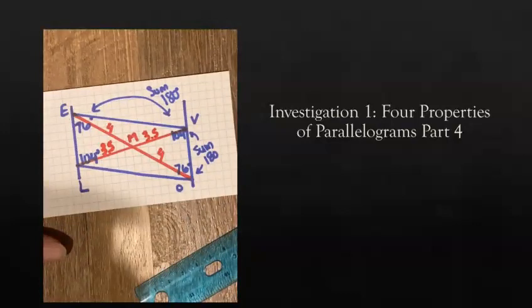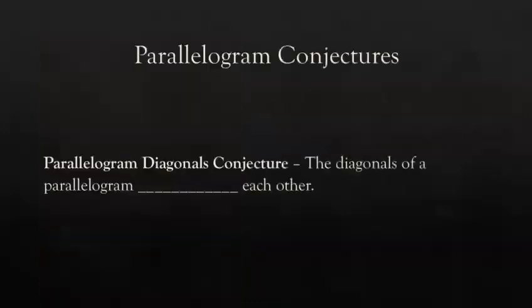But my diagonals intersect in the middle of each of them. In other words, the diagonals bisect each other. So in a parallelogram, the diagonals bisect each other. They'll divide both of those diagonals in half when you construct both of them in there.